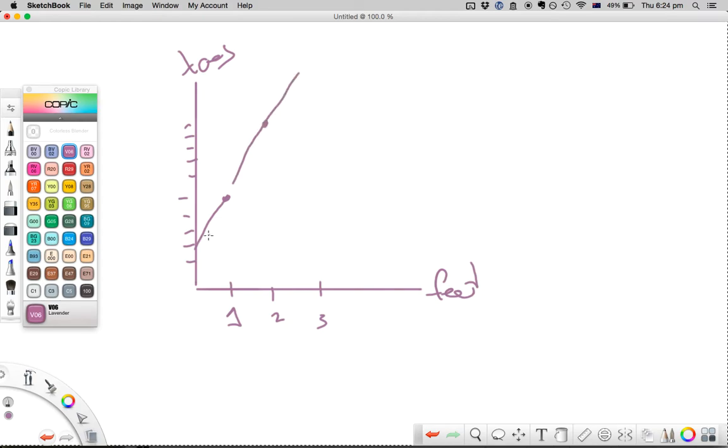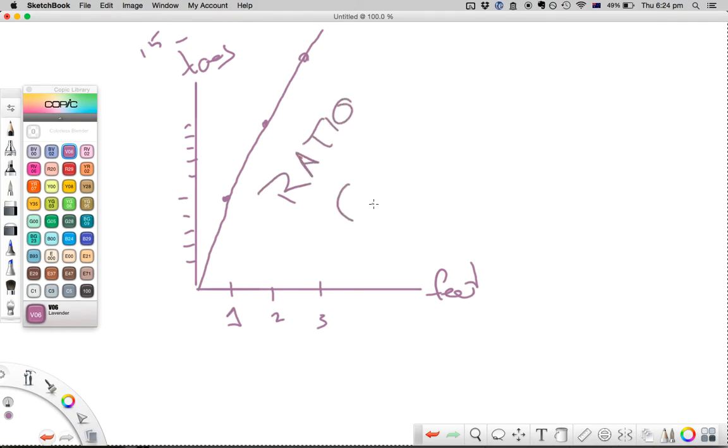What's the problem with my straight line though? It needs to go through 0, because if you don't have any feet, you're not going to have any toes, hopefully. It's going to be a straight line, which means that this is going to be about 15. So that's a ratio, in this case, toes to feet.